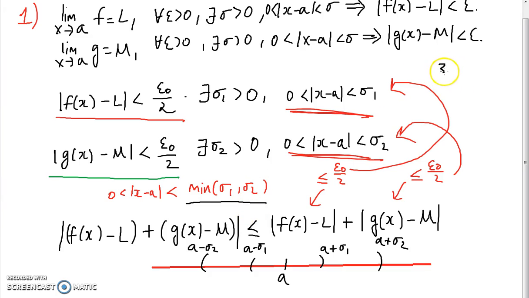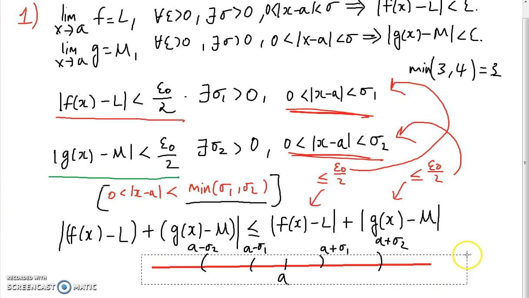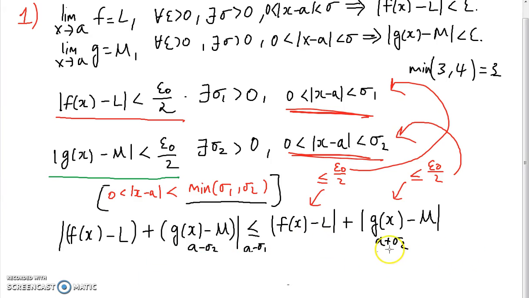So if delta 1 is 3 and delta 2 is 4, then the minimum of 3 and 4 is simply 3. As long as we ensure that x is within the smaller interval, then it's obviously also within the larger interval. So, given the distance between x and a is less than the minimum of delta 1 and delta 2, we can ensure that both of these statements are true.